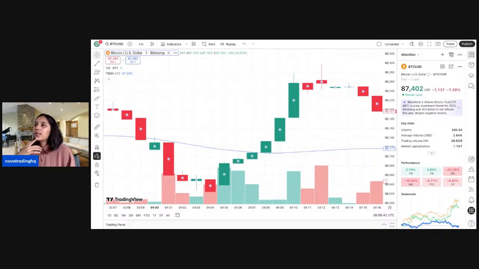There's a slight continuation in the down direction, or maybe a retest of the lows, which we can predict here, right?